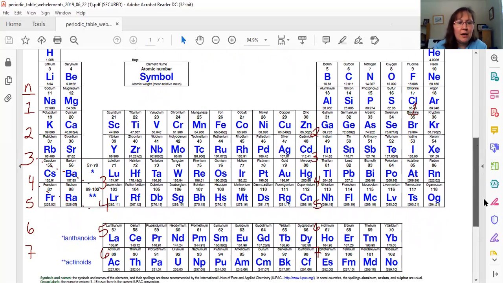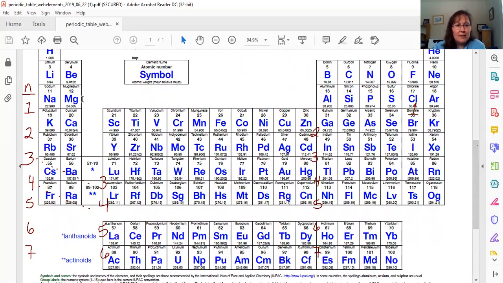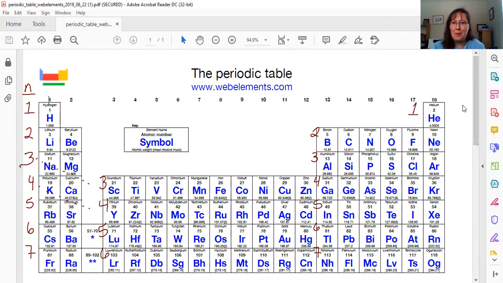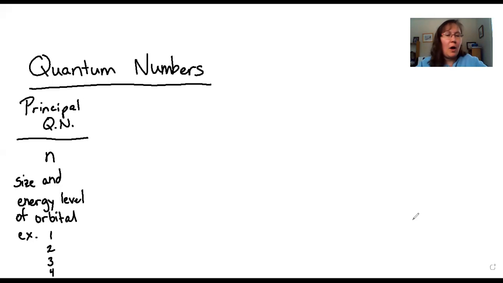If we were to come down here, lanthanides, you know what, I'll do the lanthanides and the actinides in a minute. The annotations don't stay where I put them. Okay, so let's come back now to our whiteboard. Those are our principal quantum numbers, or n.